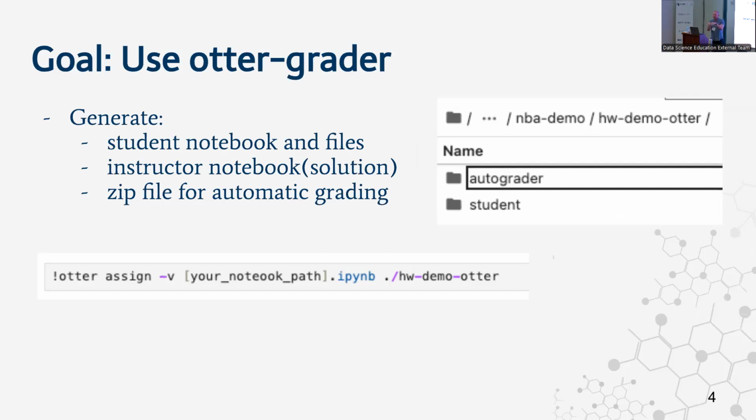That's the student side. The other side is you're going to make the zip file, we call it the Otter-Grader.zip file, which contains all the solutions that the services that automatically grade your students' notebooks use to make sure they're correct. So that's why you have to run this Otter assign and get these two sets of notebooks that'll show up. And we'll see that happen.